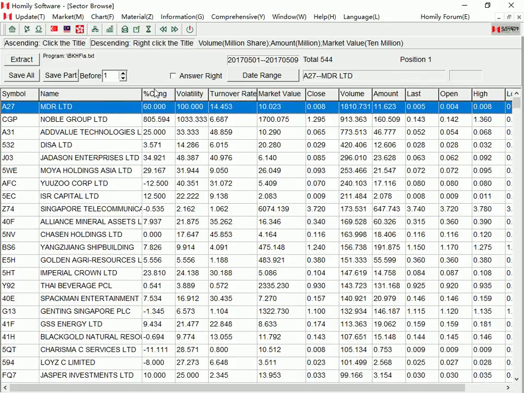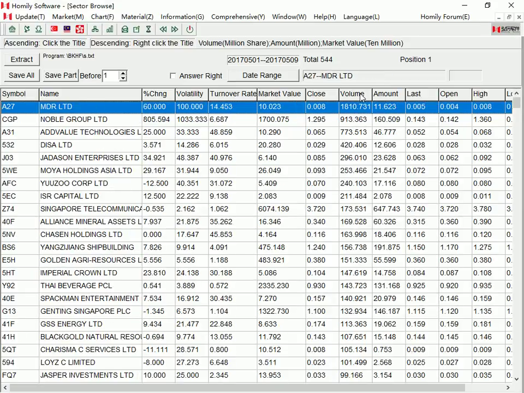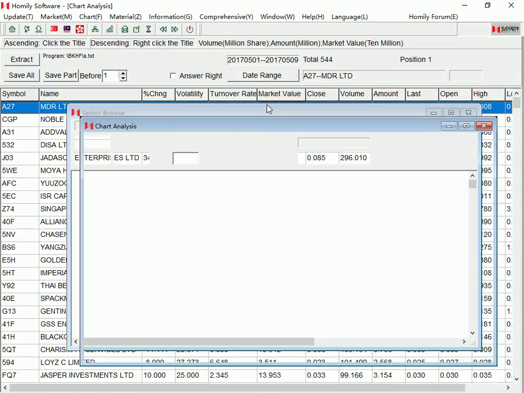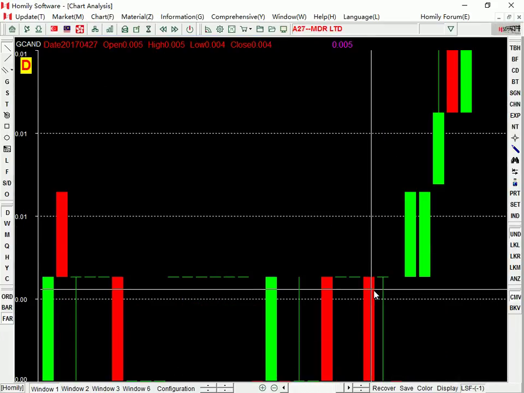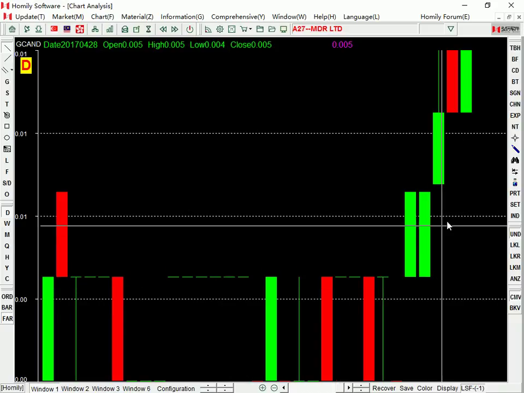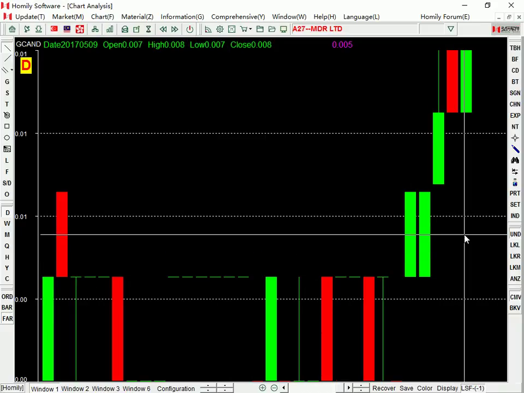For the percentage, and for the volume, we can see the first one is MDR. For this one, from 0.005 to 0.008, so the rising percentage is high.